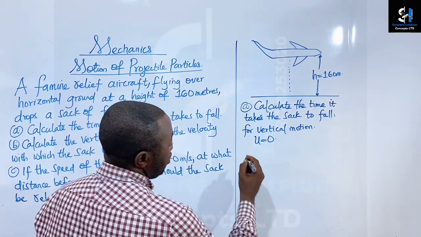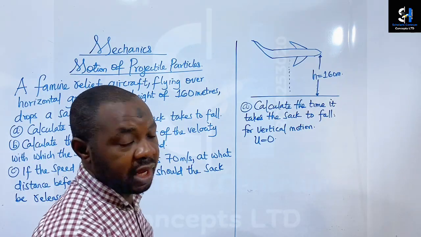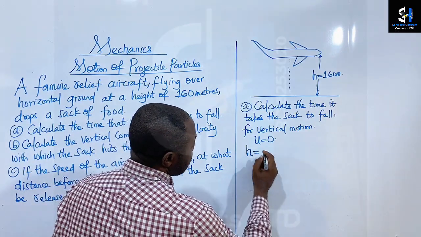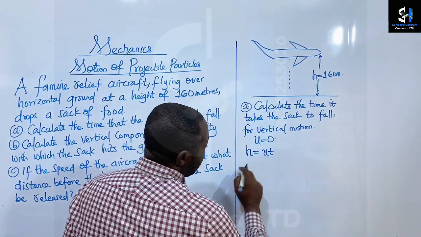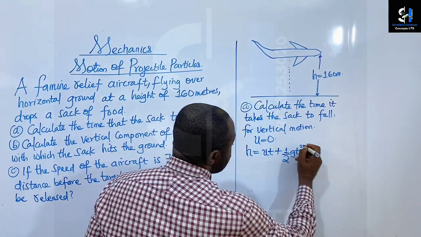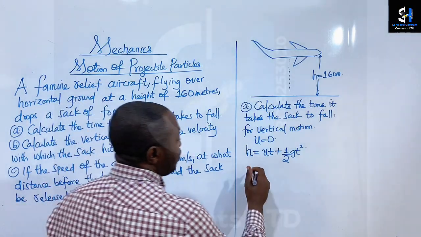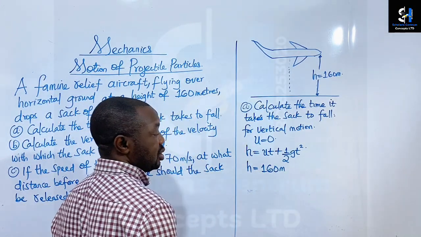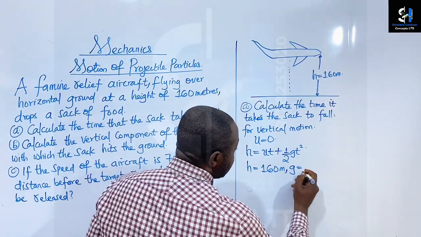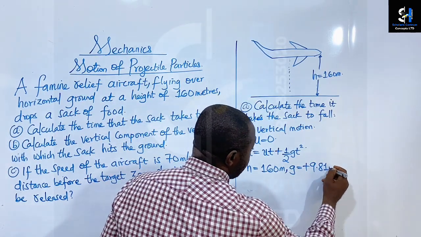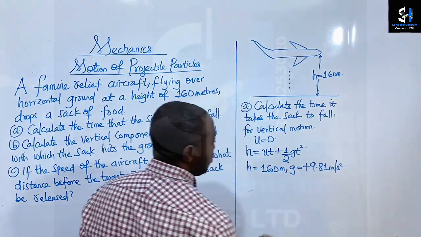We are going to use one of the equations of kinematics: height h equals ut plus 1/2 gt squared. The value of h is 160 meters, and the value of g in this case is positive 9.81 meters per second squared.